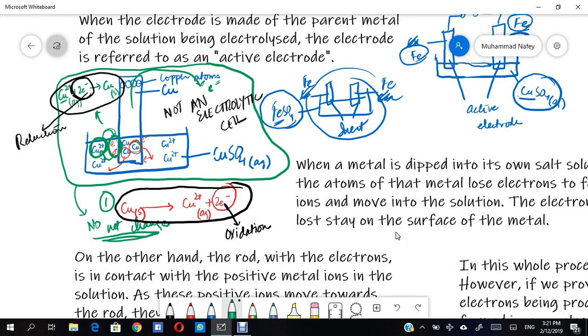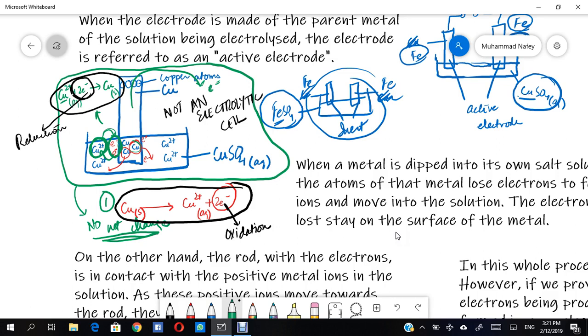The copper rod was made of copper atoms. When it came in contact with its ions, the atoms in the rod formed ions themselves and moved into the solution. As a result of this, electrons were released, and these electrons deposited themselves on the surface of the metal.